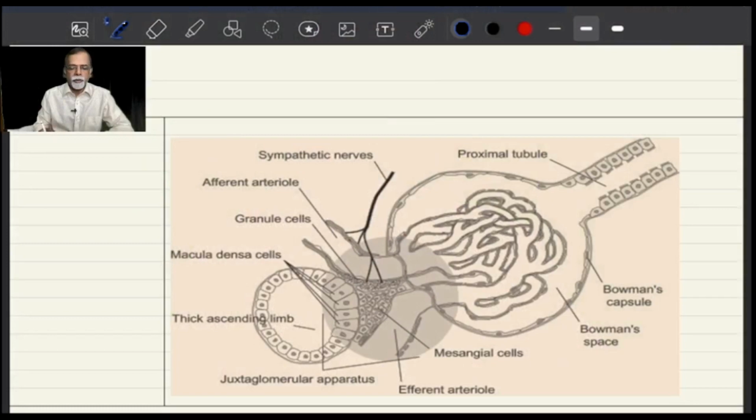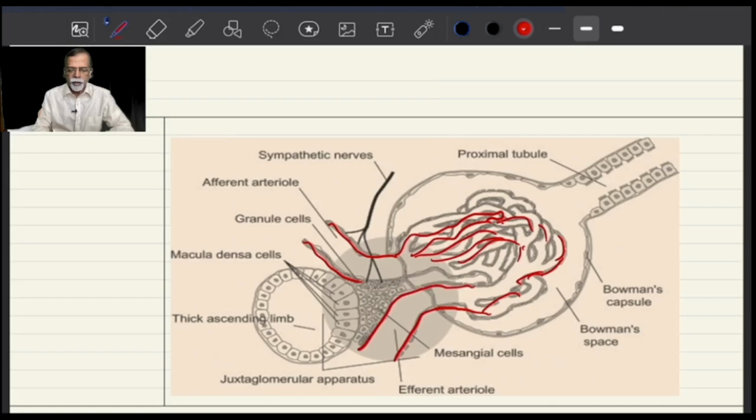So let us look into the structure of the glomerulus. The glomerulus has an afferent arteriole, the artery that is bringing blood to the glomerulus, which divides into a network of capillaries, and finally the blood leaves the glomerulus via the efferent arteriole.